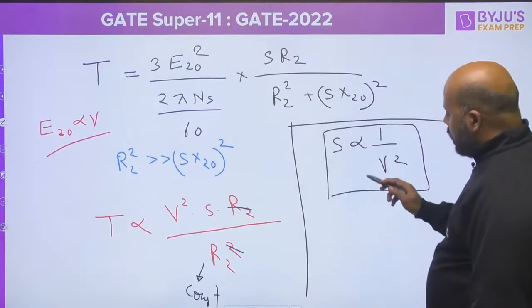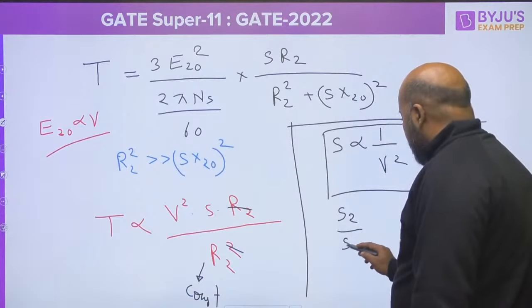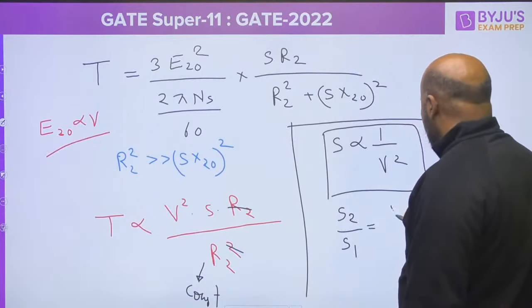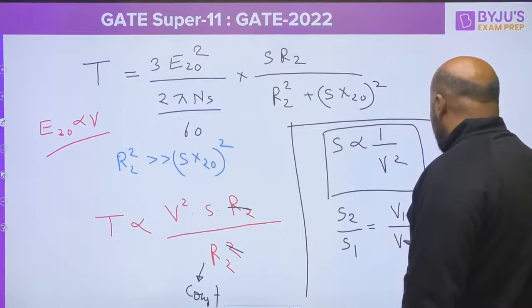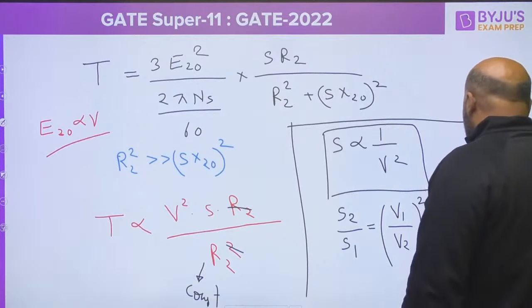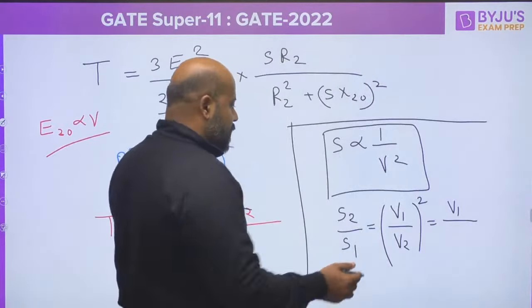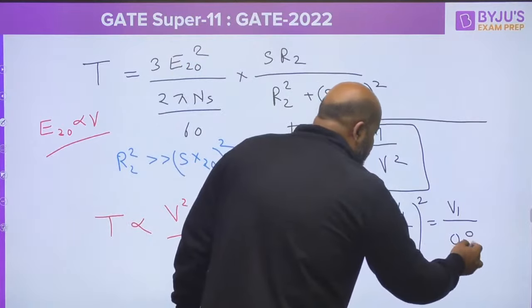So can you tell me what is going to be the relation between the speed in the second case and the first case? This is going to be V1 upon V2, and this is going to be whole square. Voltage, he is saying, has become 90%, reduced to 90%. So V2 is going to be 0.9 V1.